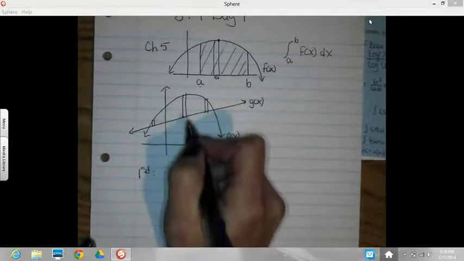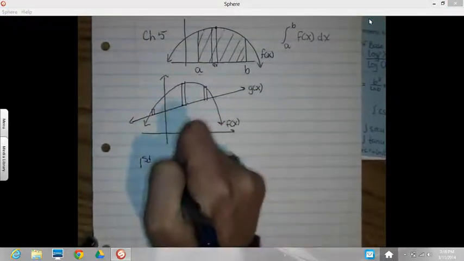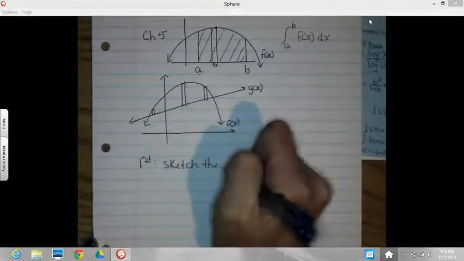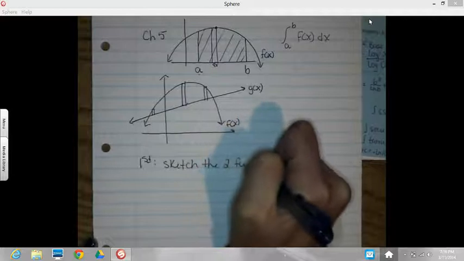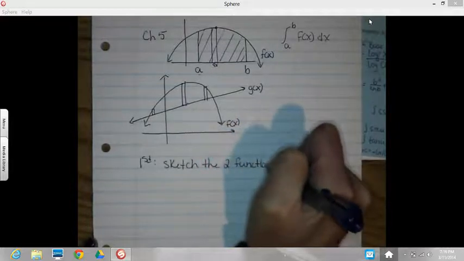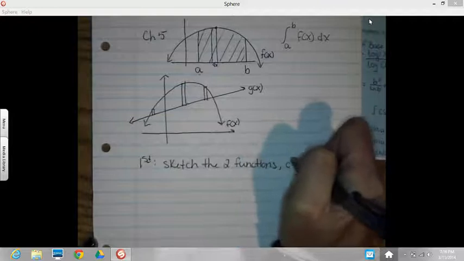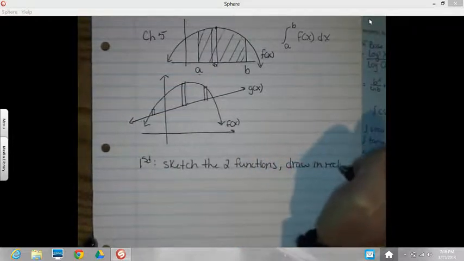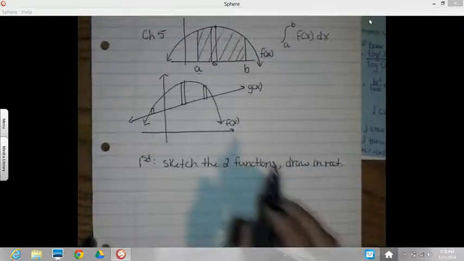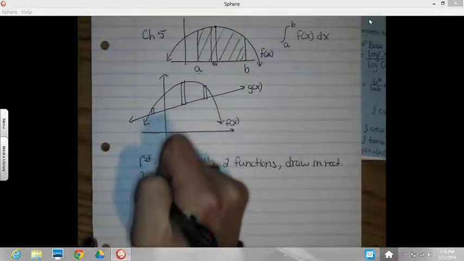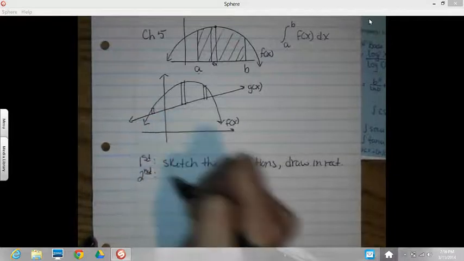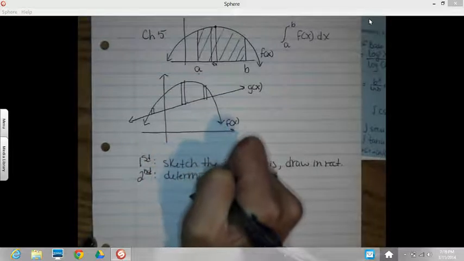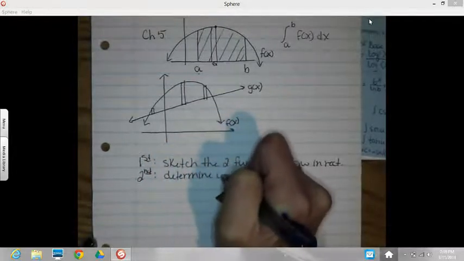So the first step, obviously, is to sketch the two functions and draw in the rectangle. After that, you need to determine which function is on top.